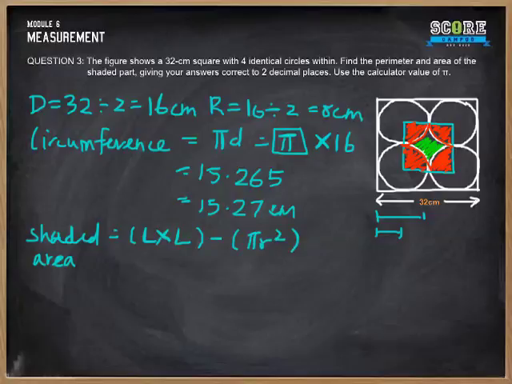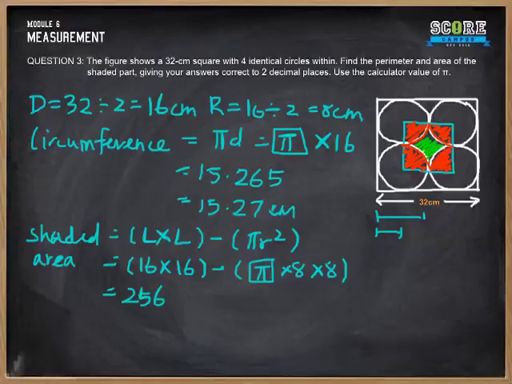Okay, so let's plug in the numbers, length times length. The length is 16, right? 16 centimeters times 16 minus pi r squared. Pi, radius is 8. We've solved for these figures already. 8 times 8. Okay, now when you do the mathematics behind it, you get 256 minus 201.062, which equals 54.938 centimeters squared.